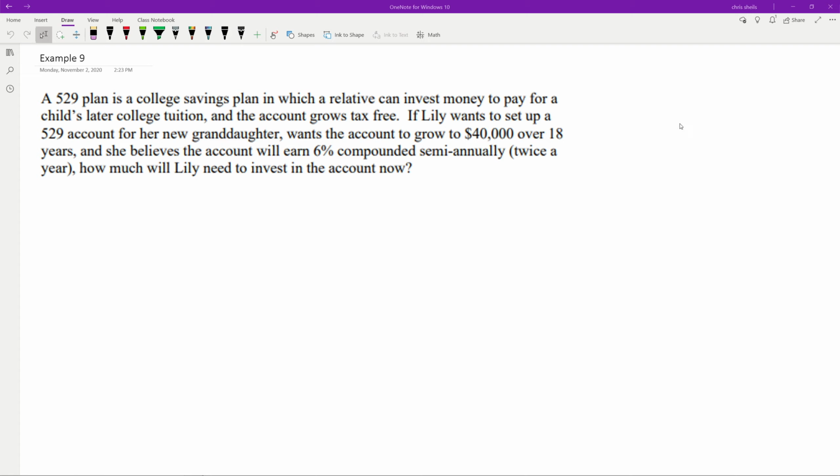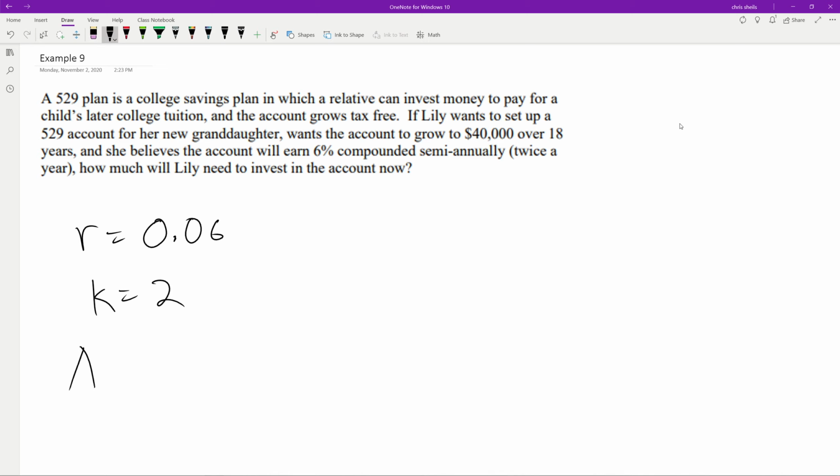So I have an interest rate of 6%, right? This interest rate is 6%, so R is 0.06. This is compounded twice a year, so K is 2. I don't know an initial amount. In fact, I know a final amount. I want this to grow to $40,000.